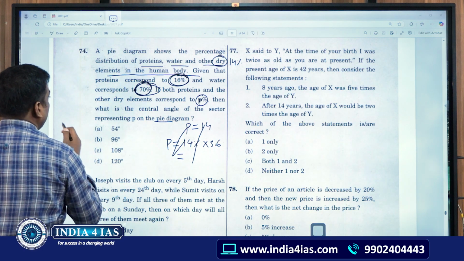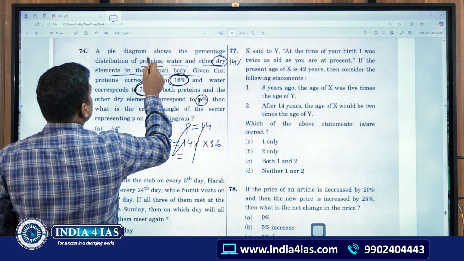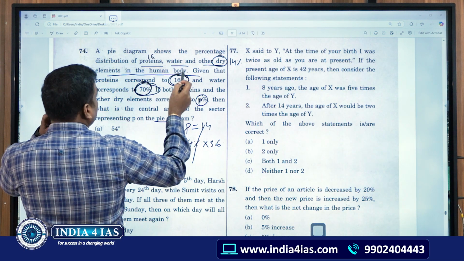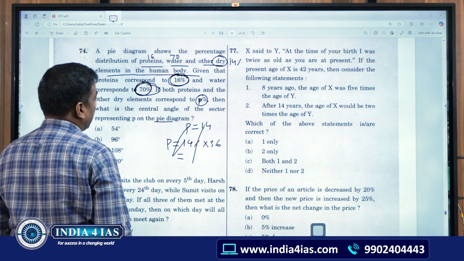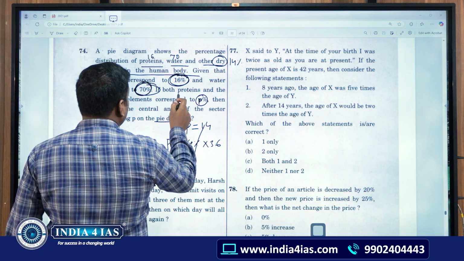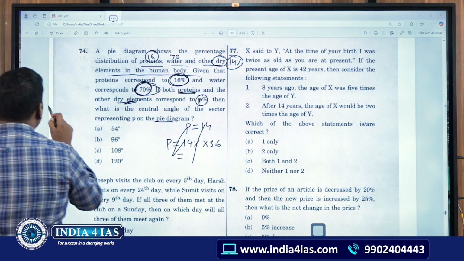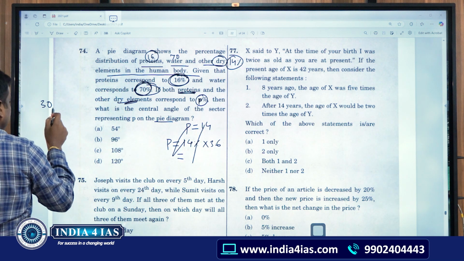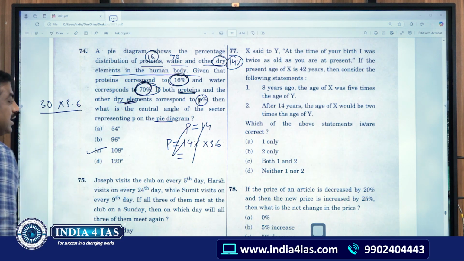See, here proteins 16%, then water 70%, so dry is 14%. And if they are saying both protein and dry, so that is 30% they are asking. So 30% they are asking, so into 3.6. 30 into 3.6 is 108.